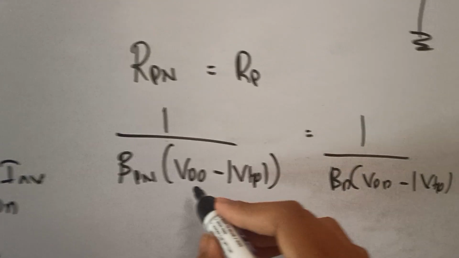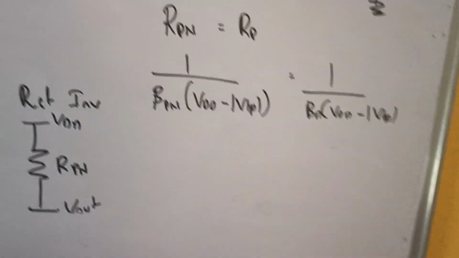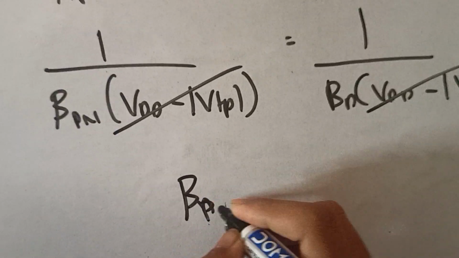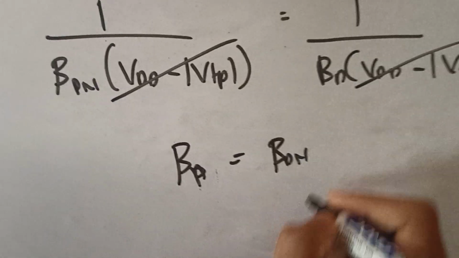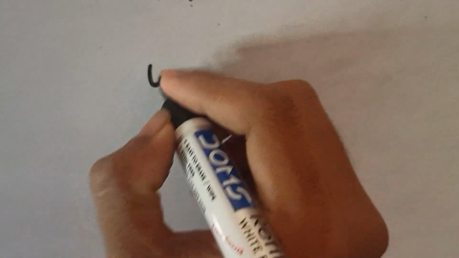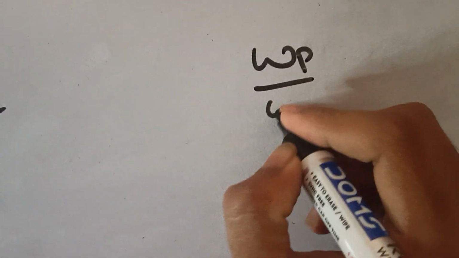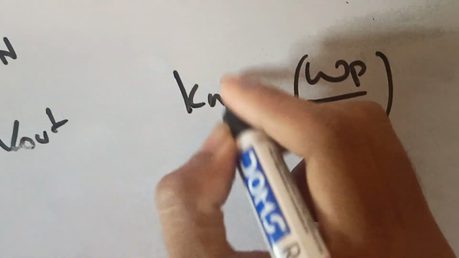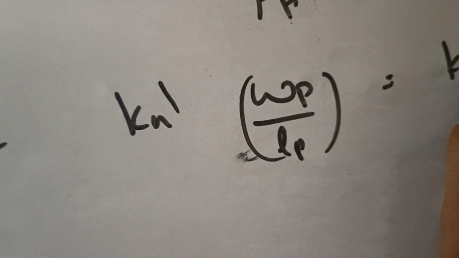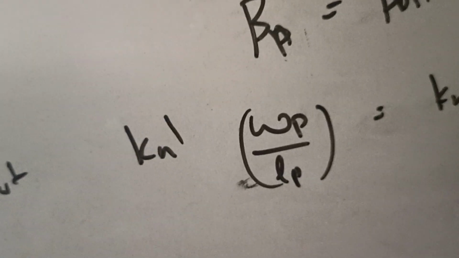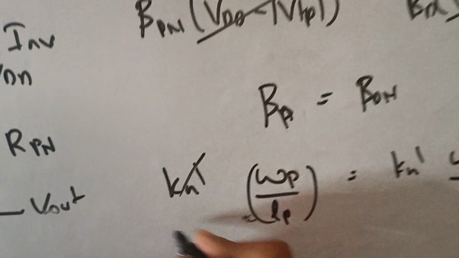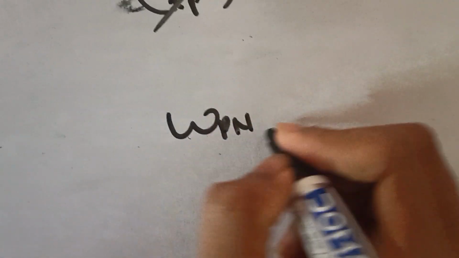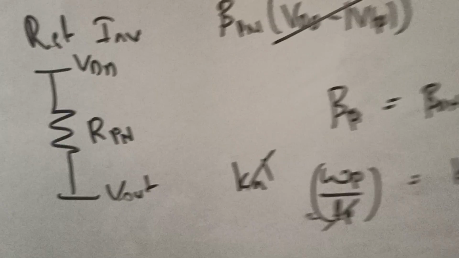Both are operated at the same VDD and both have the same thresholds, so those terms get cancelled. We are left with beta P equals beta Pn, or say Kn dash WP by LP equals Kn dash WPN divided by LPN. Both Kn dash and L get cancelled, so we are left with WPN equals WP.